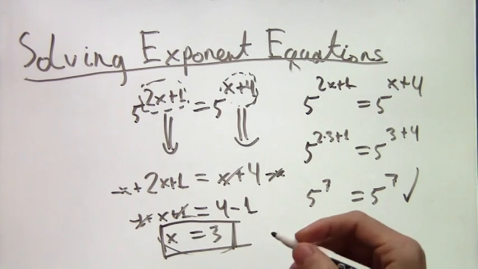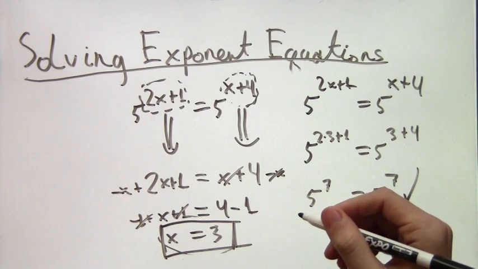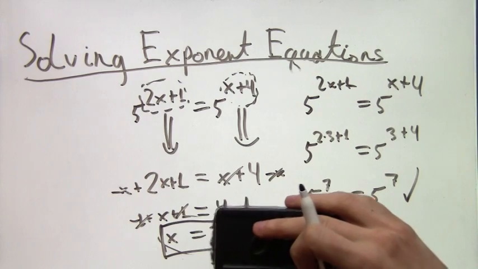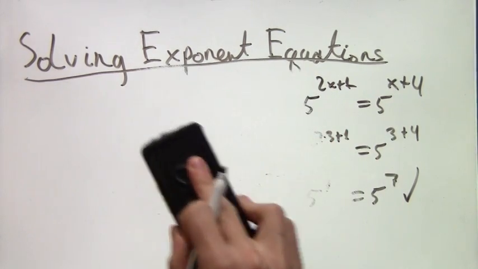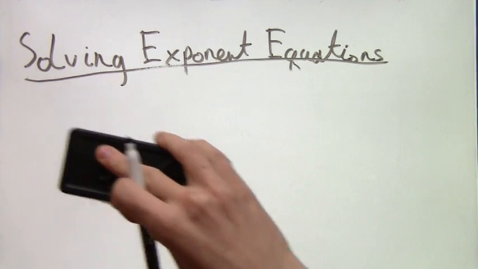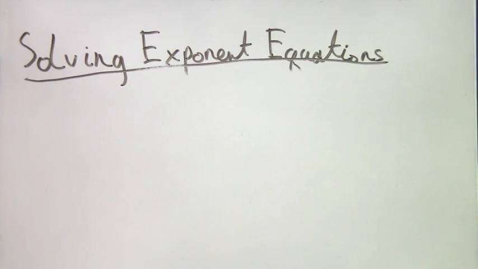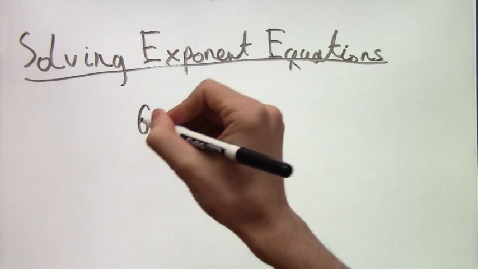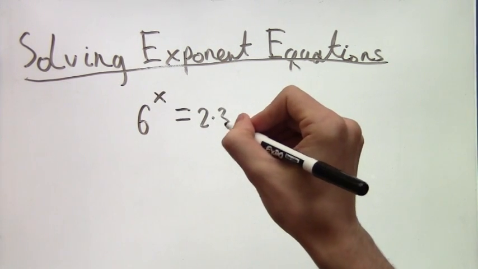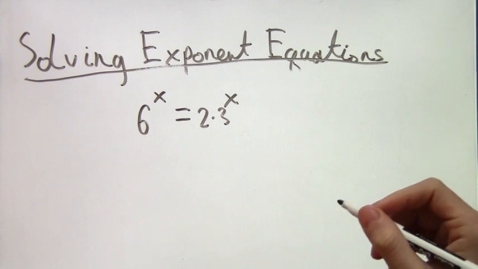Now let's move on to the next example. Just need to erase this board quickly. So let's say we have 6 to the x equals 2 times 3 to the x.